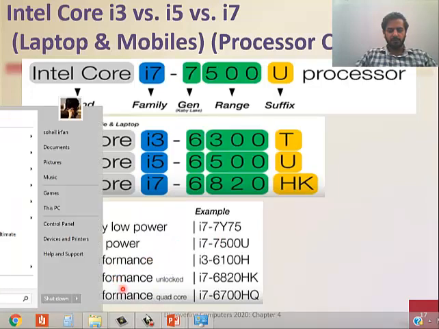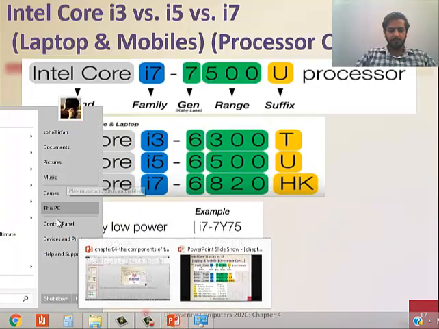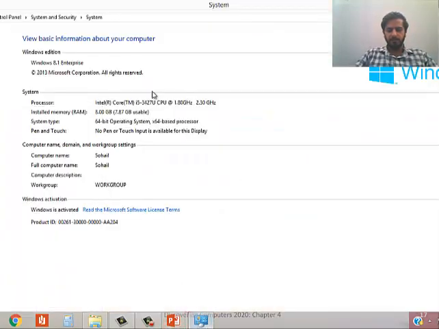Again going into the properties of my system, look at this. I have a U. Why did I choose the U? That is an important thing, because I need ultra low power. I want better battery consumption from my system. So that is the reason I chose the U suffix. And then we discussed this previously: that is the clock speed of my system.